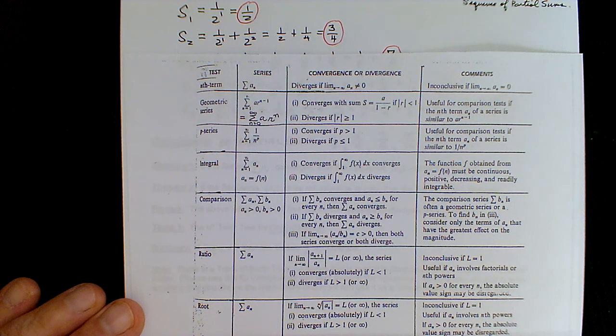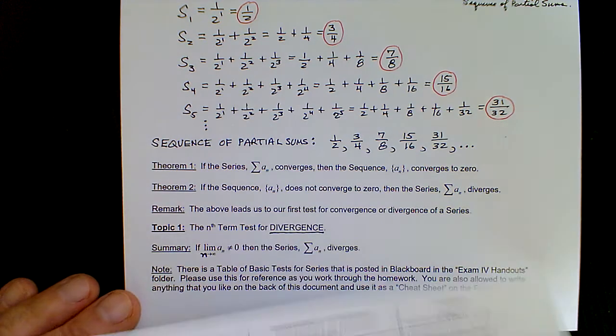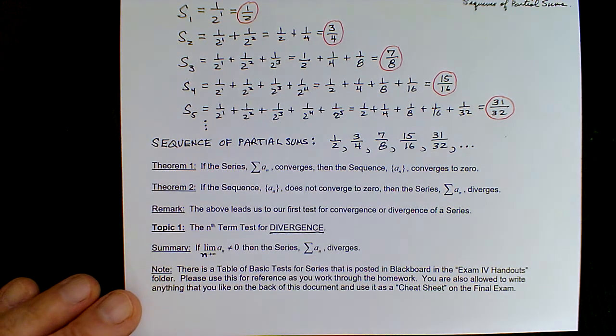It's an 8.5 by 11 sheet of paper. Write anything that you want on the back of the paper and bring it into the final exam with you. Okay? So you can create your own personalized cheat sheet, and you have this table at your disposal. So we'll be referring to this table as we progress through our topics, but I just wanted to introduce it now, and I mentioned the cheat sheet here as well. Okay, so a couple examples.